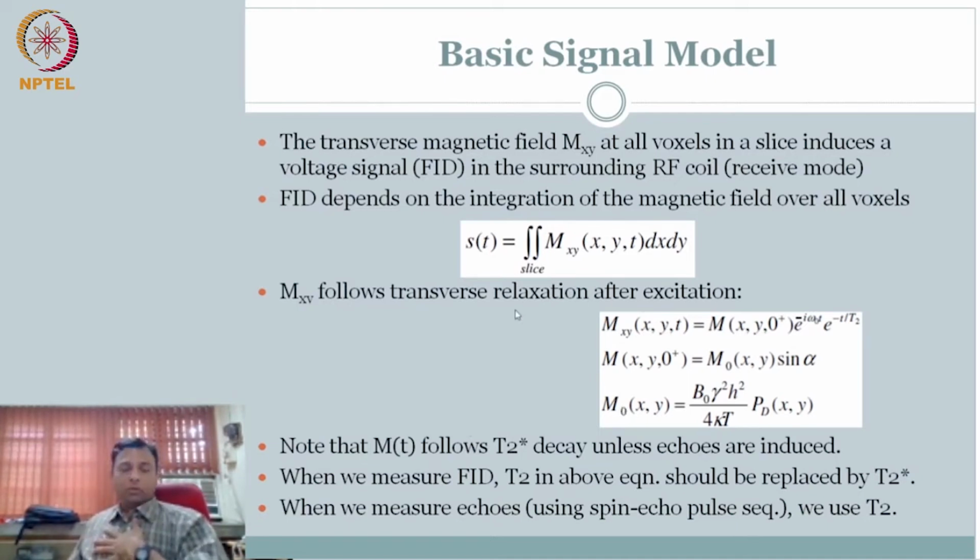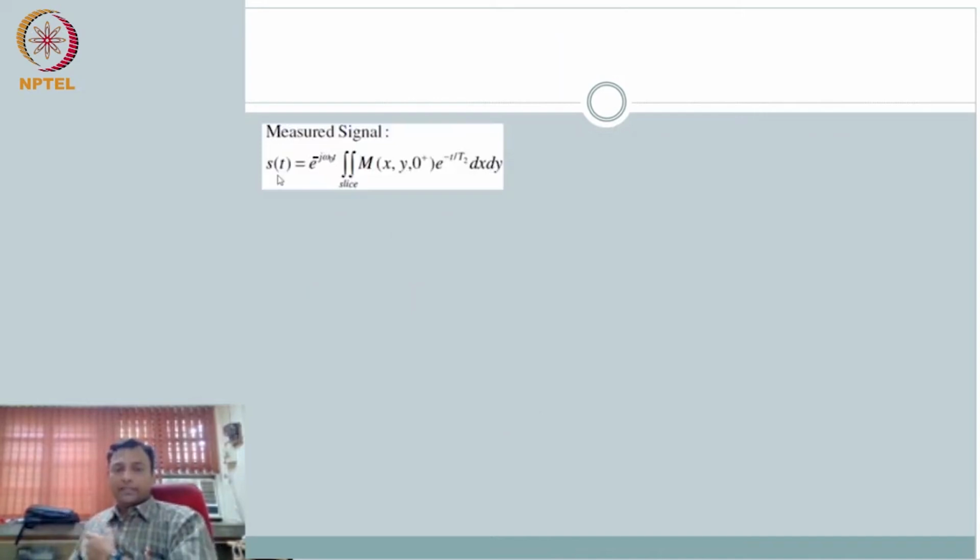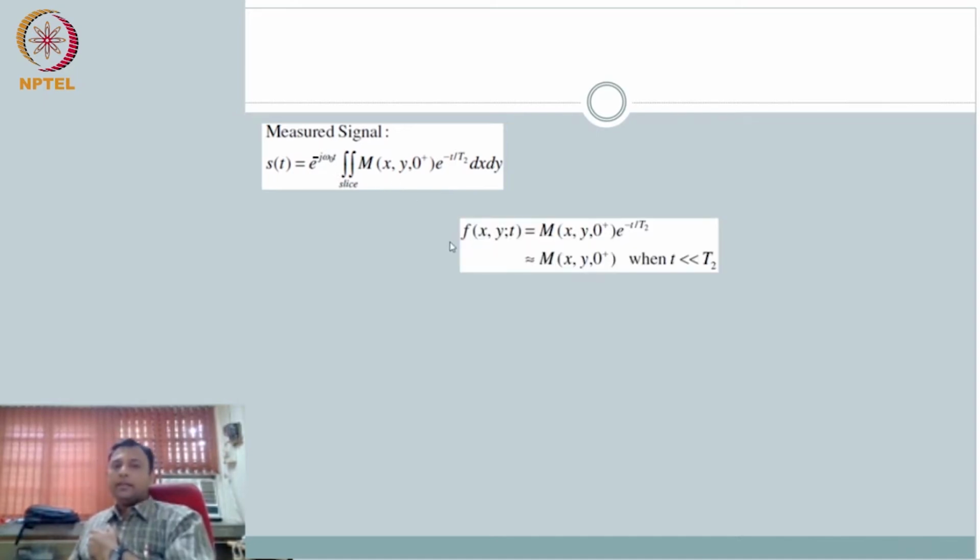But essentially what we are seeing here is that the signal is from the whole volume, right? The measured signal is modeled like this. This is your B naught, so your omega naught comes from your B naught. So you can write it like this. I will recognize f of x comma y to be mxy0 plus the starting value exponential.